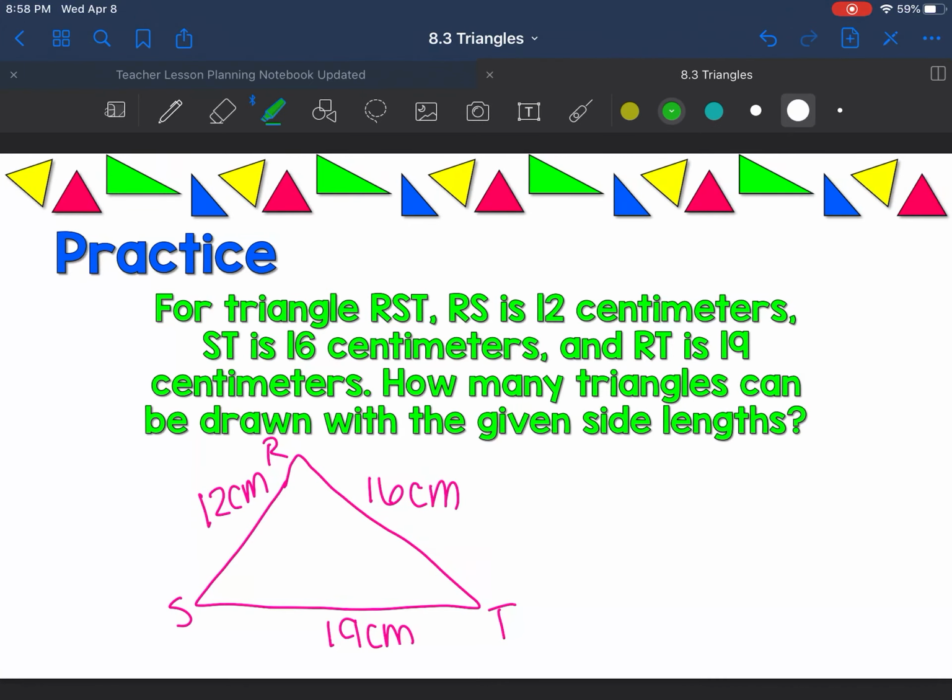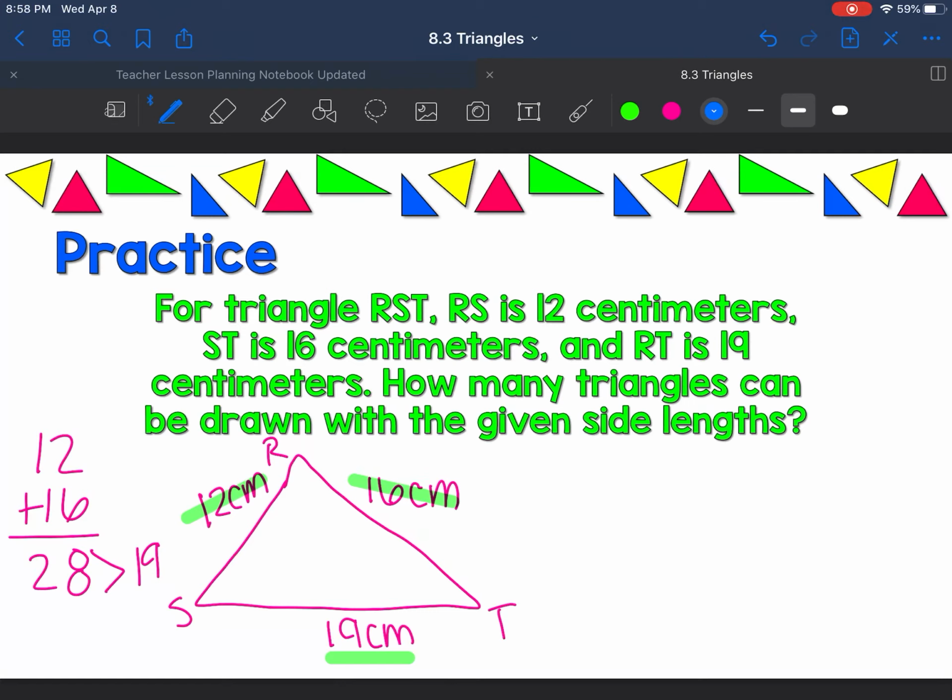Before I can actually say it connects, I need to make sure that my two smallest links of 12 and 16 will add together and be bigger than 19. So let's do 12 plus 16. 6 plus 2 is 8. 1 plus 1 is 2. It's 28. 28 is in fact bigger than 19. So this is a triangle.